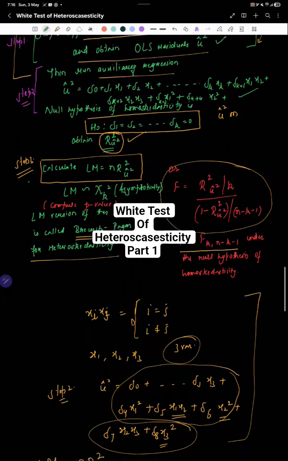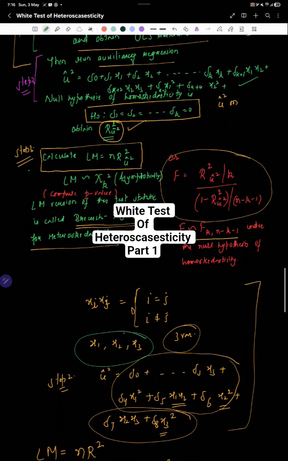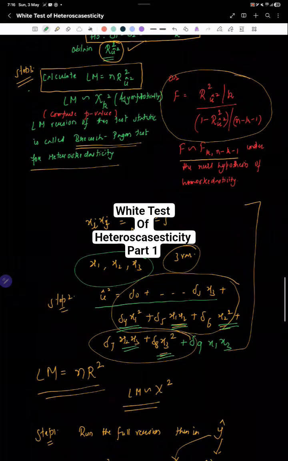For instance, suppose we have only these three variables, x1, x2 and x3. In that case, not only do we need to include x1, x2, x3 in the regression model, but also x1 square, x2 square, x3 square, and then their cross terms, that is x1 x2, x2 x3, and lastly x1 x3. Okay. So that is White's test of heteroscedasticity, and then the rest of the steps are as usual.